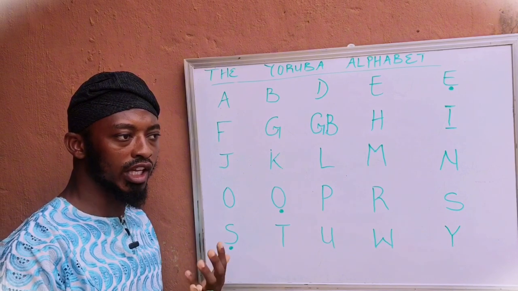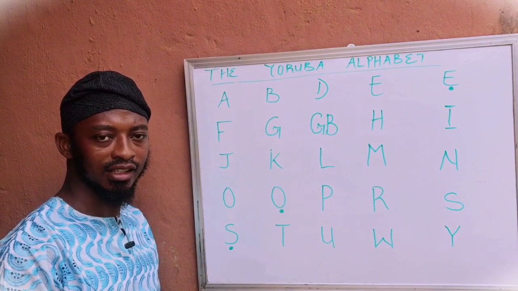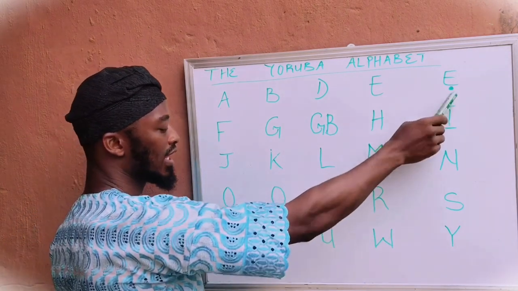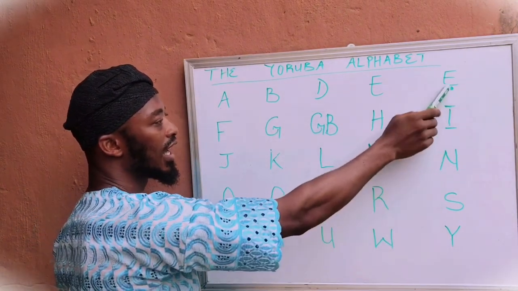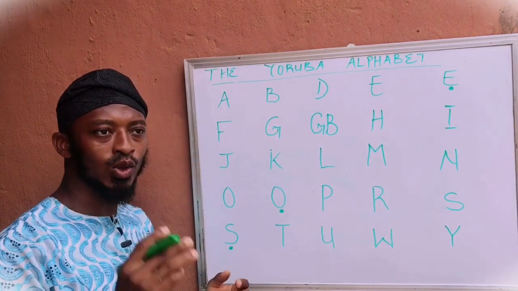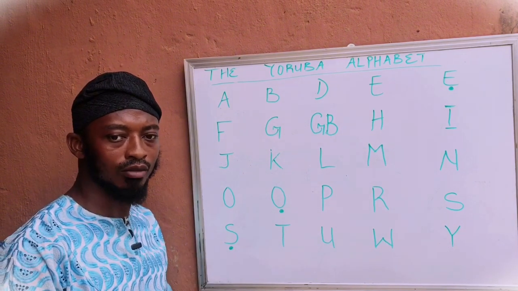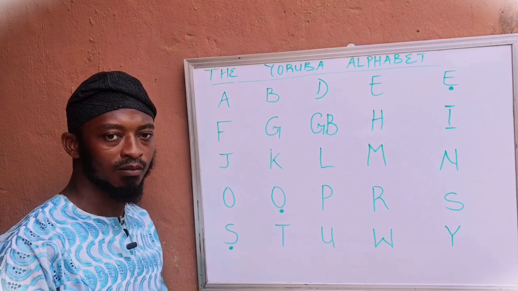So when someone tells you to write Eye, you just go back to your alphabet. We are looking for E, Y, E, Eye. So when you hear a word in Yoruba language and they ask you to write it, it should not give you a hard time once you know your alphabet.